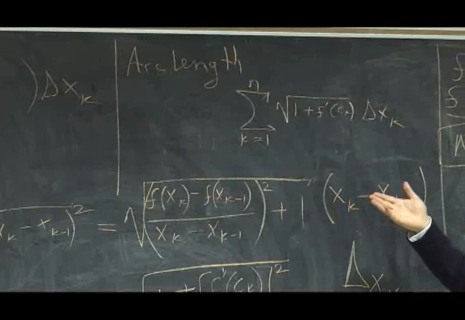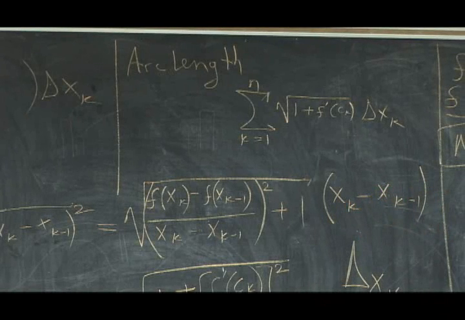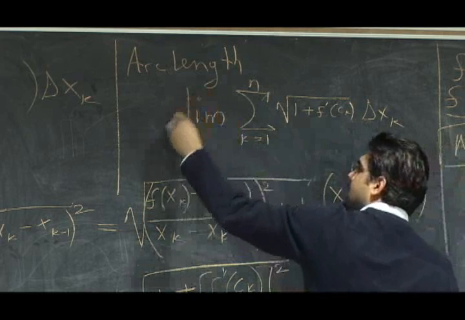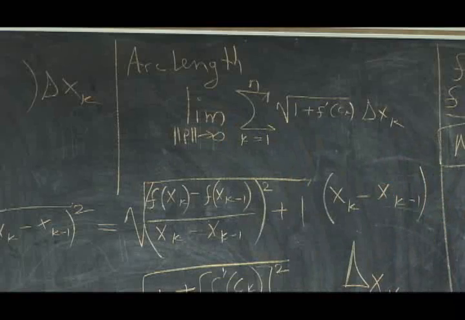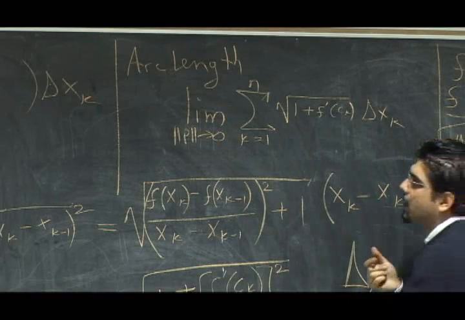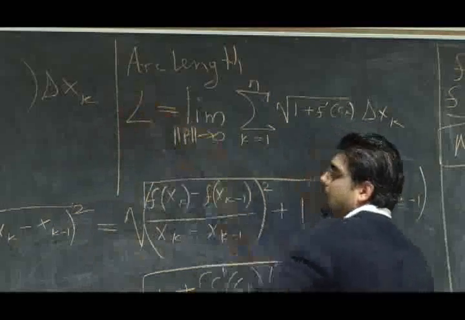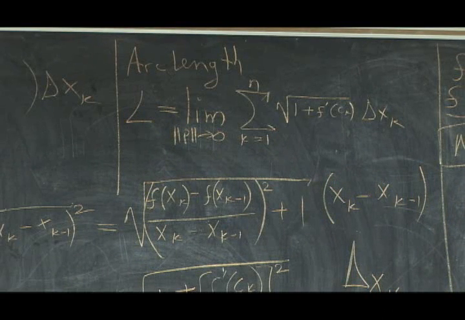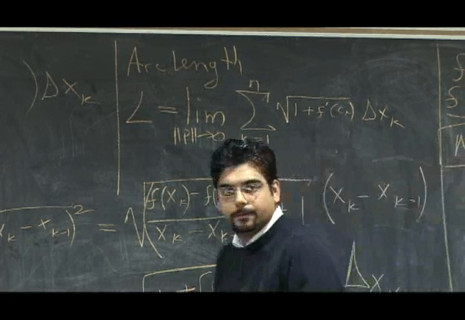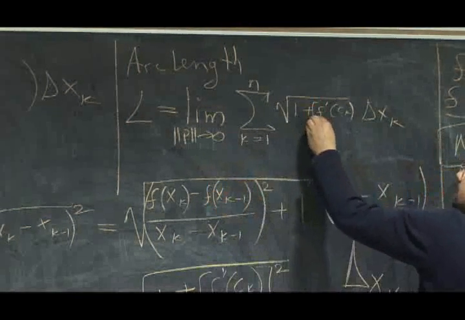And from those pictures, you see that if my subintervals get smaller, I get a better approximation. So ideally, take the limit as all the partition subintervals are really, really small, and this will be exactly the arc length L. Yes? Without the limit, it's an approximation. With the limit, you get the exact value. There's a square, right? On the prime inside. Yeah, this is squared. Thank you.